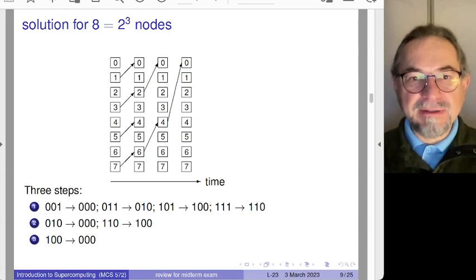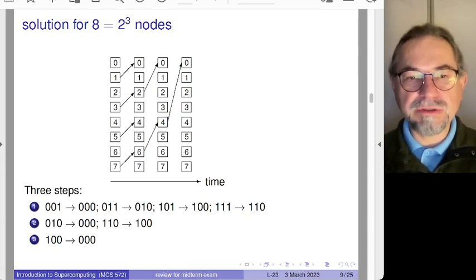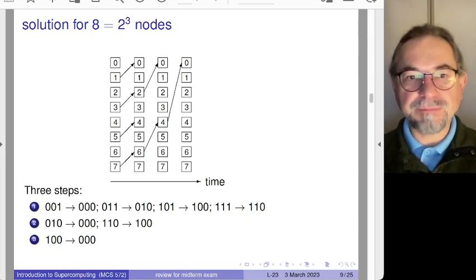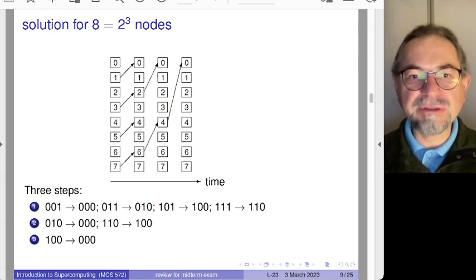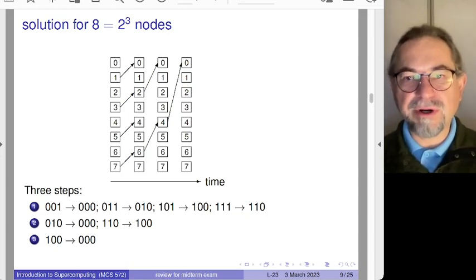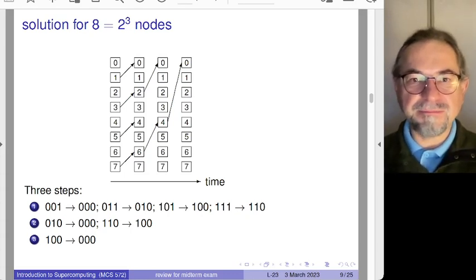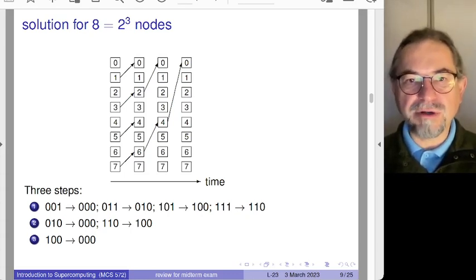So the fan in here with 8 nodes starts from the uneven nodes that send to the even nodes, and then it continues where the nodes that are 4 apart from each other send to the lower ranked nodes, and finally you have the middle node that sends to the first node.